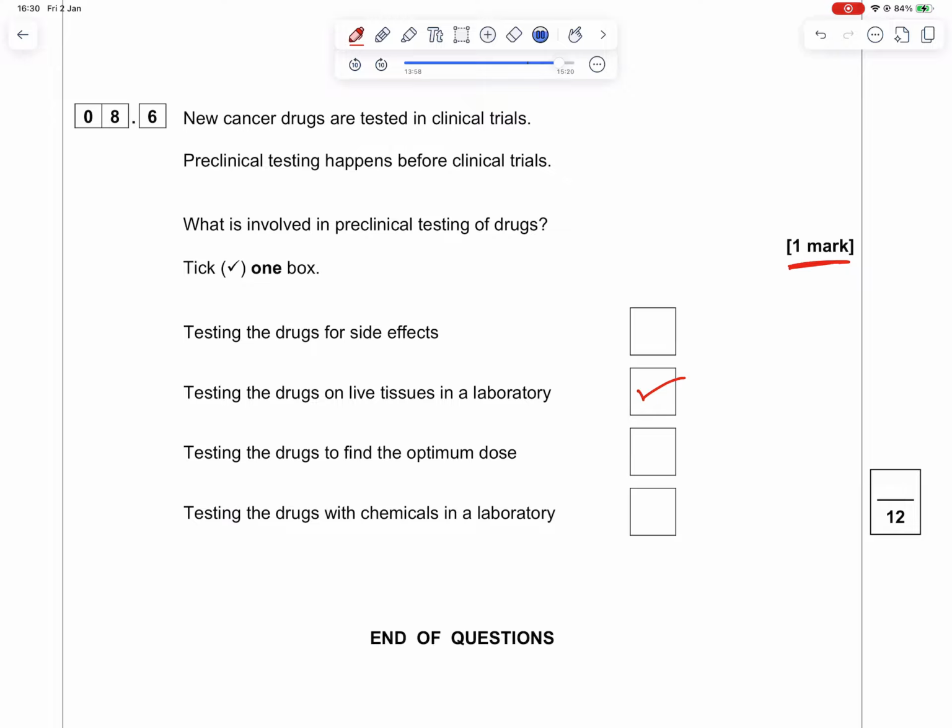Magnification equals image size divided by the real size. And always make sure whenever in calculation, your units must match. And cancer is nothing but uncontrolled mitosis. And remember, preclinical testing uses live tissues.